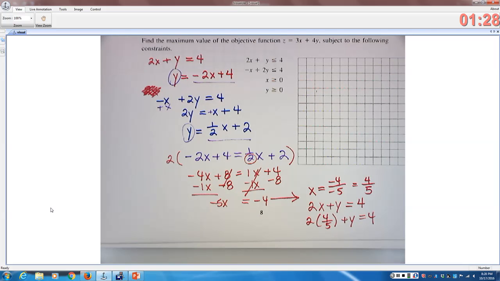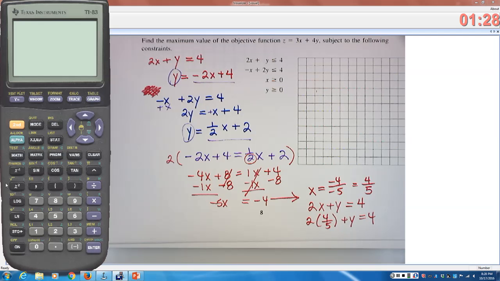Do some arithmetic. Doing it on your calculator is not a problem at all. So you say 2 times 4 divided by 5, close parentheses, make it into a fraction, is 8/5.